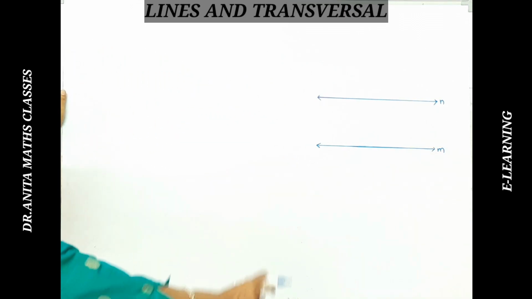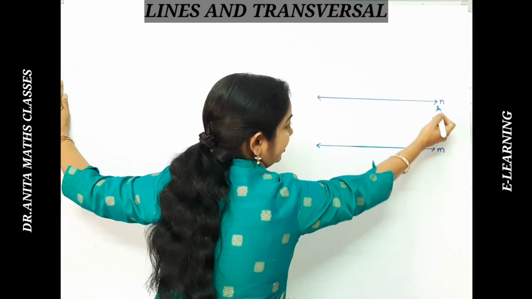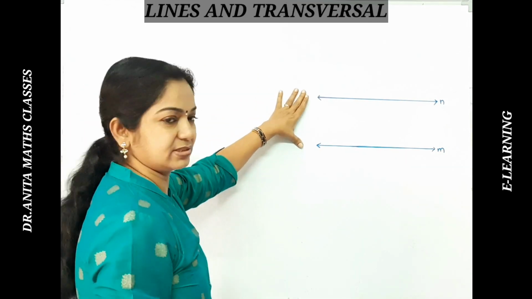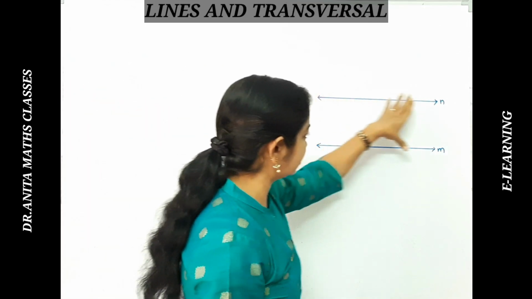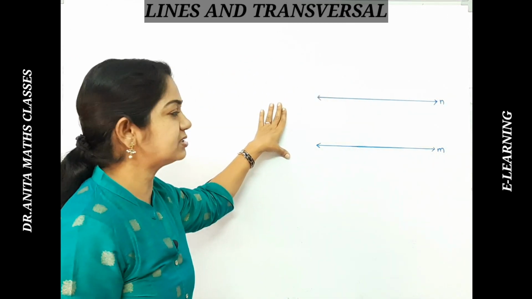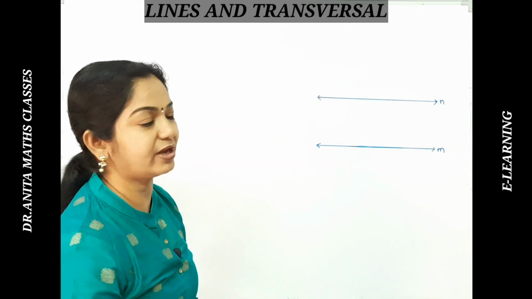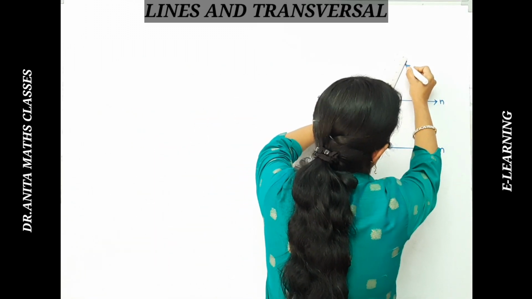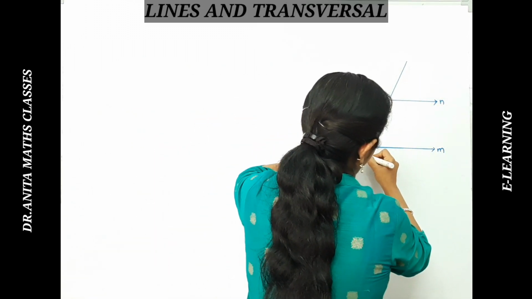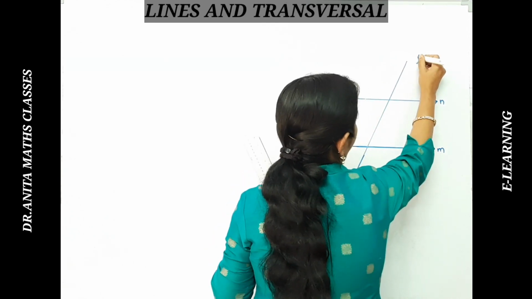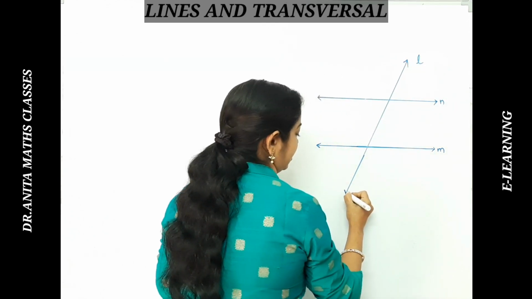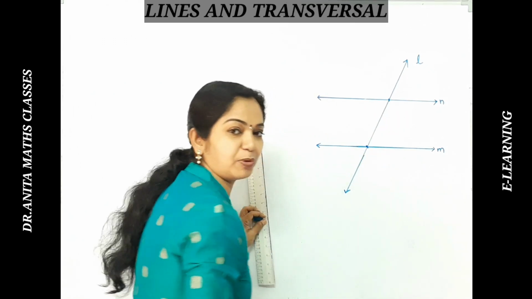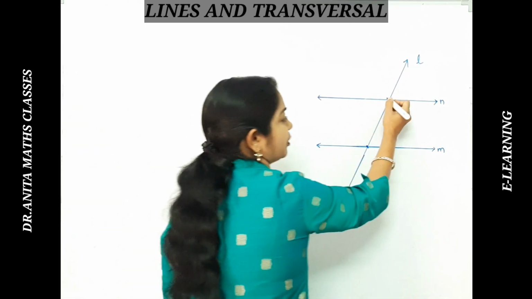Okay. See, I have drawn two lines here, line M and N. If they form a pair of parallel lines, and if I draw another line which meets these two lines, I am drawing another line here. See here, line L. I'll suppose this as line L. This is meeting these two lines at distinct points.